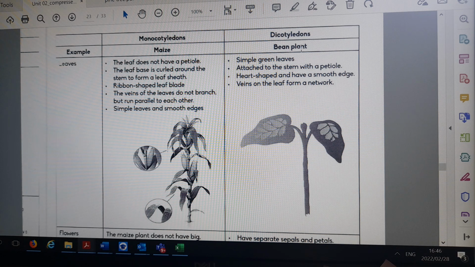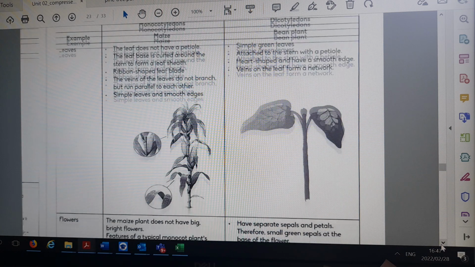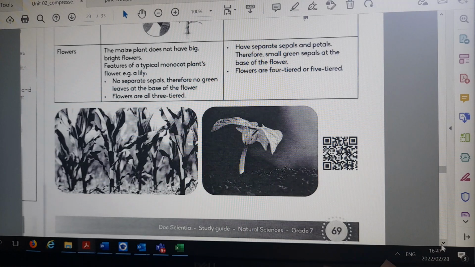Let's look at the bean plant. Simple green leaves attached to the stem with a petiole, heart-shaped and have smooth edges. Veins on the leaf form a network. Okay, and we look at the flowers. The maize plant does not have big bright flowers.